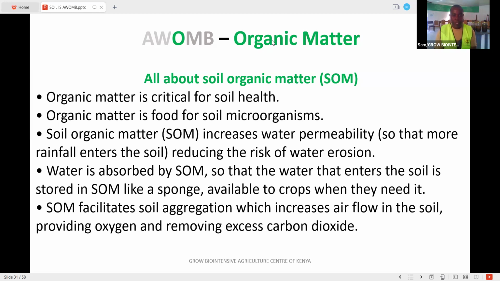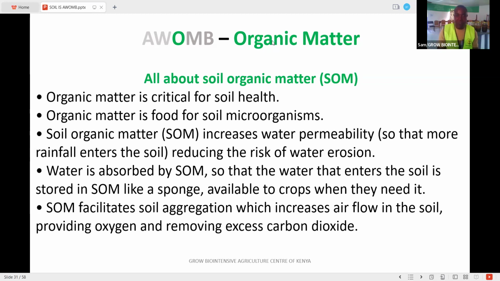So, in a nutshell, how do you measure the 60:1 materials so that you get to understand? The 60:1 tells us that 90% of the total materials that will make the pile, and we talk of a standard pile, which is 1.5 by 1.5 by 1.5 high, has to be mature materials.